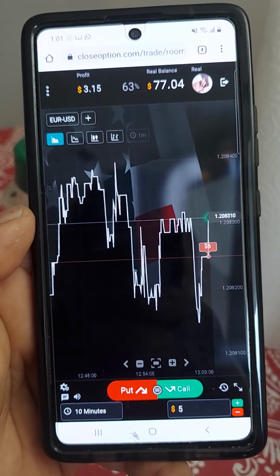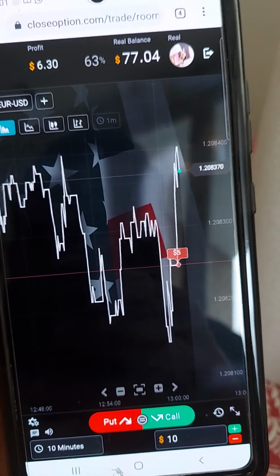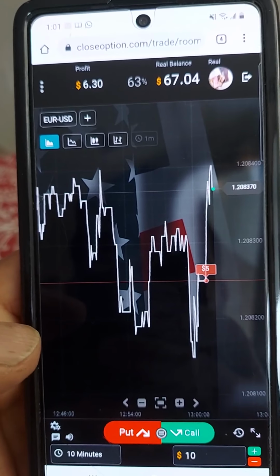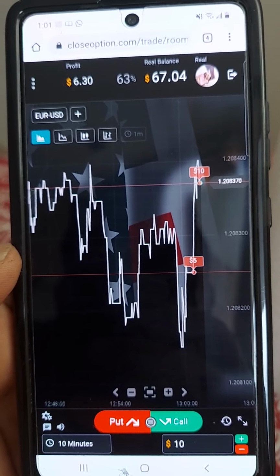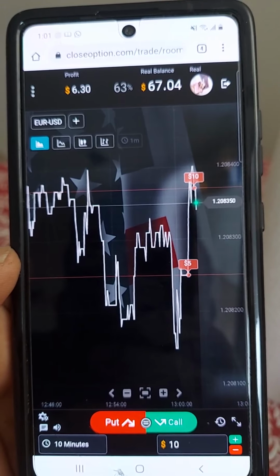I could get better entry, but I will open a second trade at $10 to get better entry because I think I jumped too early in the other one. So I open a second position, $10.